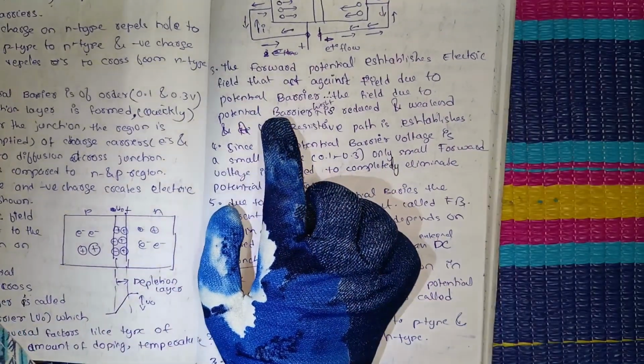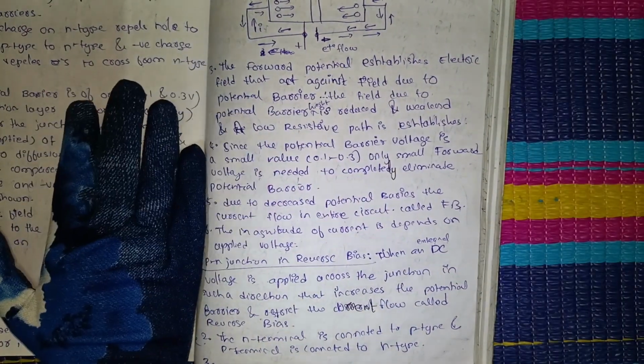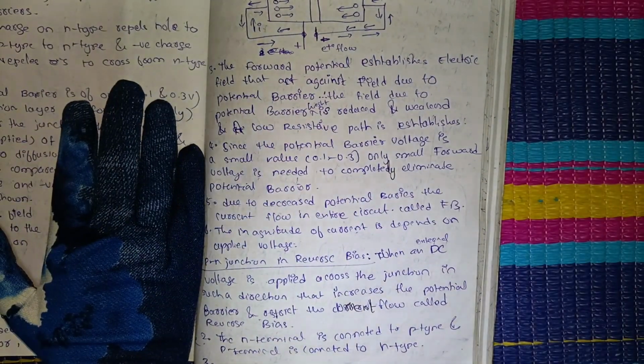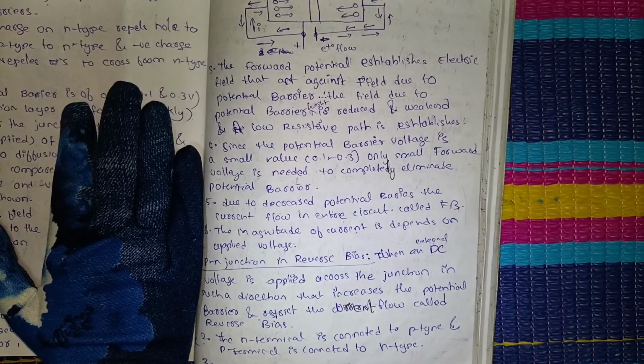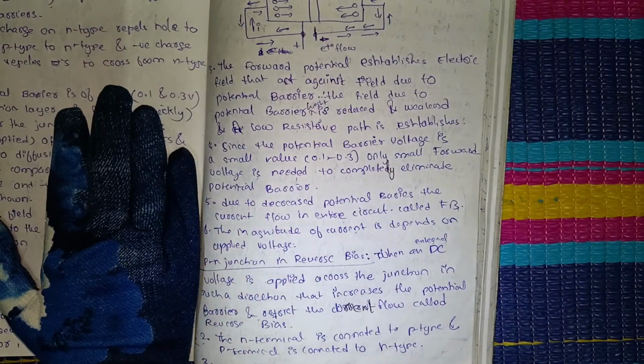The forward potential establishes an electric field that acts against the field due to the potential barrier.